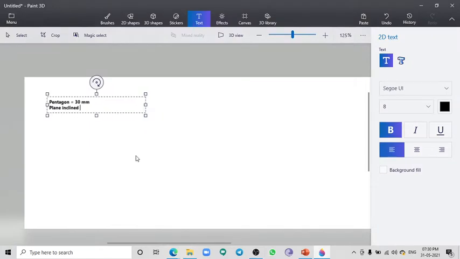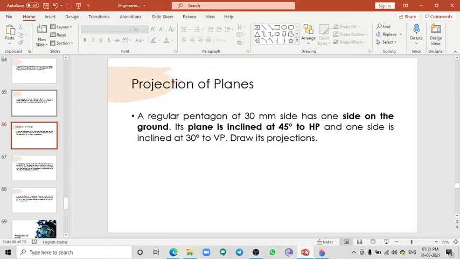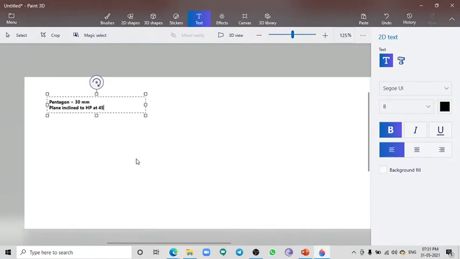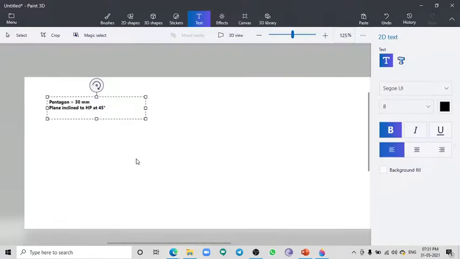plane inclined to HP at 45 degree and side inclined at 30 degree to VP.